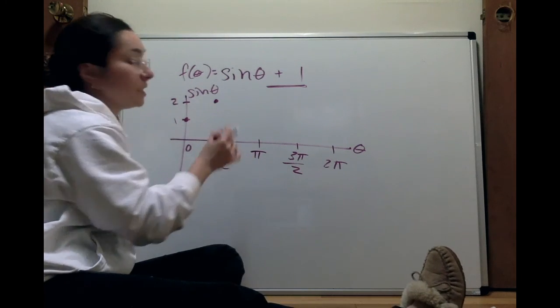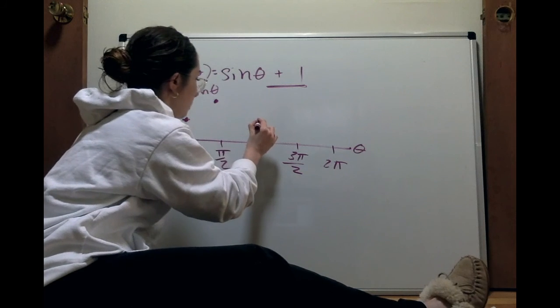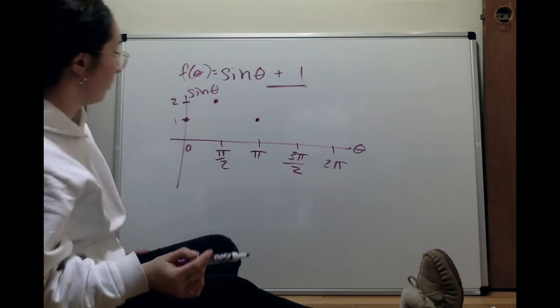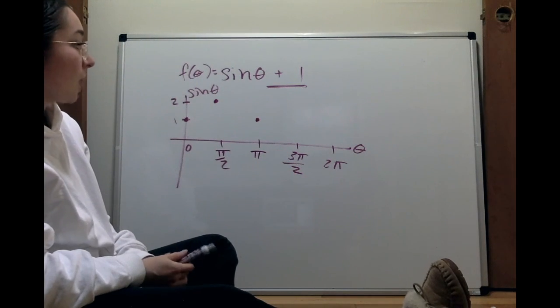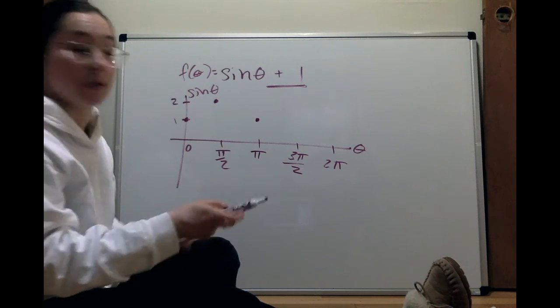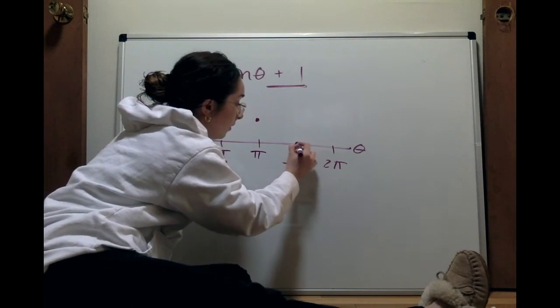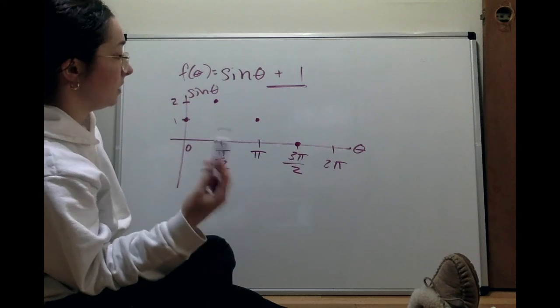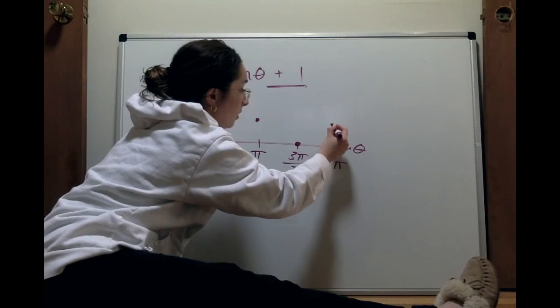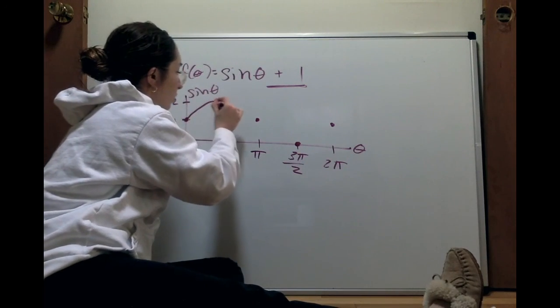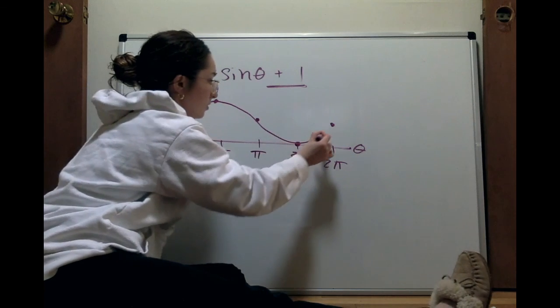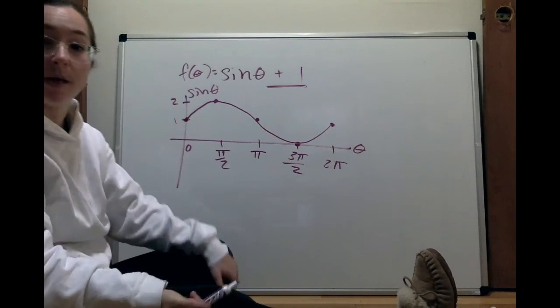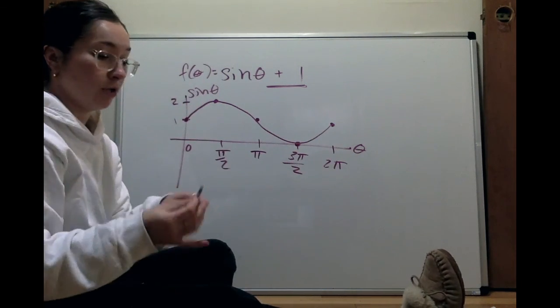Sine of pi is 0, plus 1 is also 1. Sine of 3 pi over 2 is -1, plus 1 is 0. And now sine of 2 pi is 0, plus 1 is back to 1. So it's the same curve, just shifted up 1 unit.